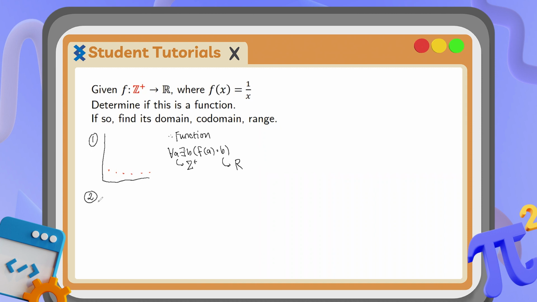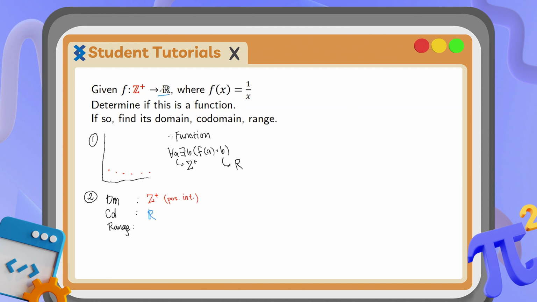So to find them, we'll shortcut it to this. Our domain is all positive integers. Our codomain is all real numbers over here.